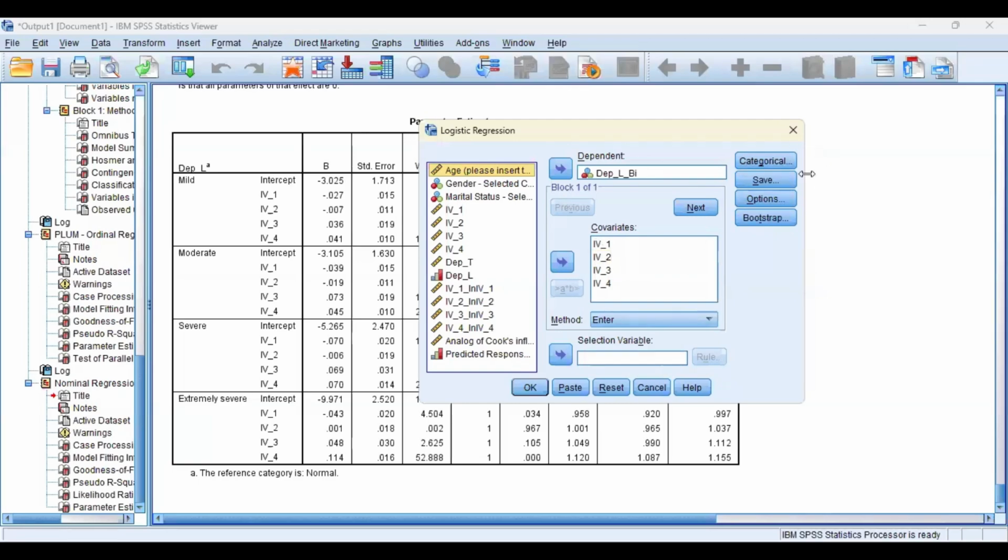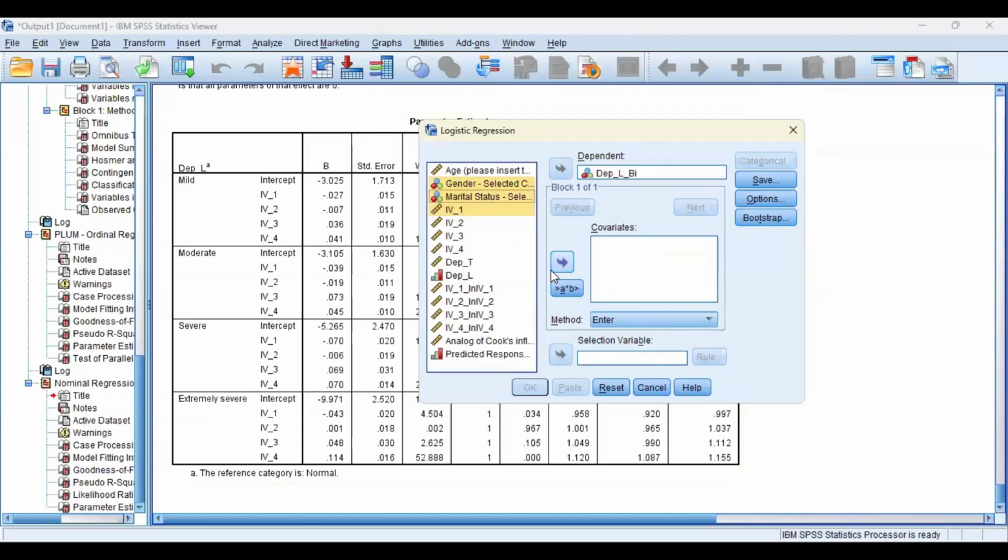You don't change anything about the settings, so everything is set already because I just ran that analysis. The only thing you want to change is adding another block to your analysis. For example, imagine that I want to run my analysis controlling for the effects of gender and marital status as covariates.